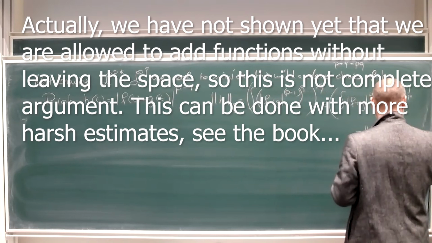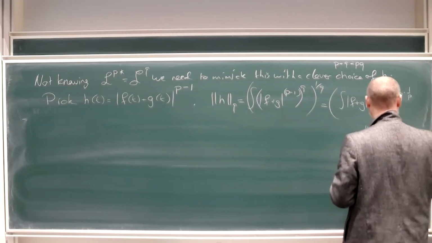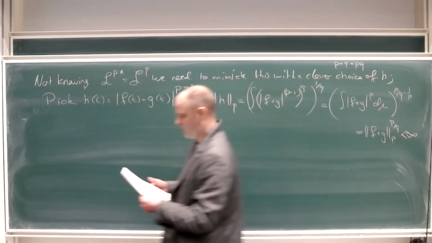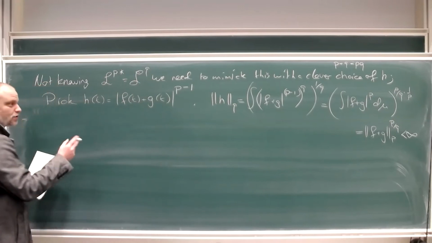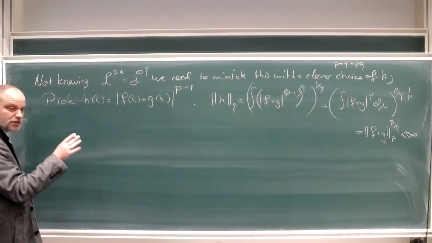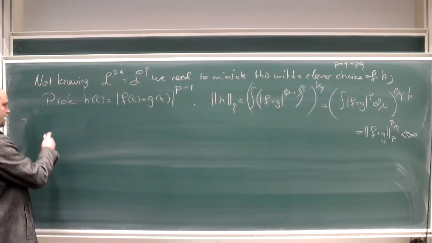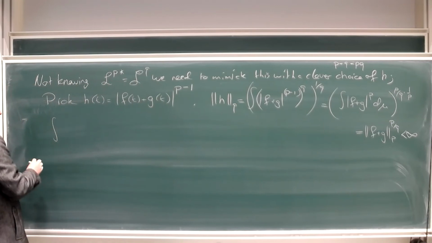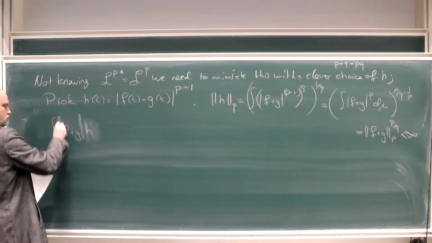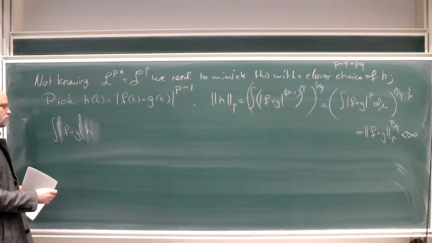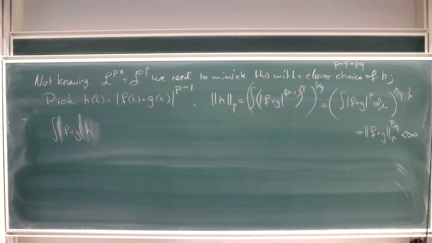That's good. So let's see what we can get out of pairing them with f plus g like we did before. So now we consider, okay, I'm going to have to put a modulus here as well. Okay, what is this?